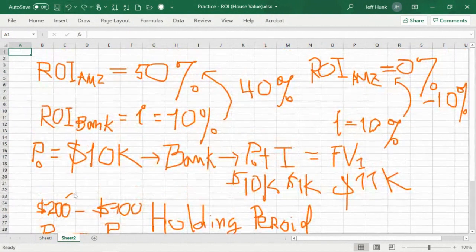The difference is $100, and that's 100% growth over 5 years.